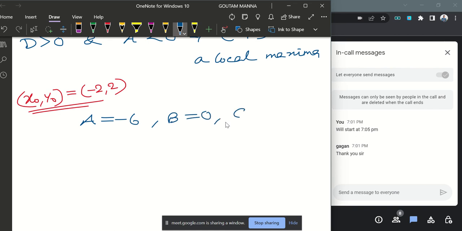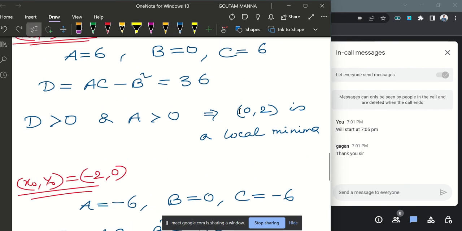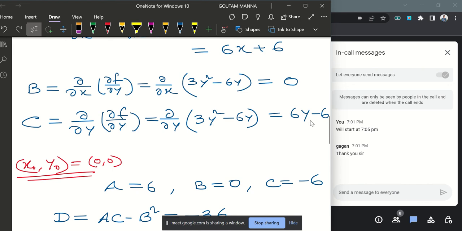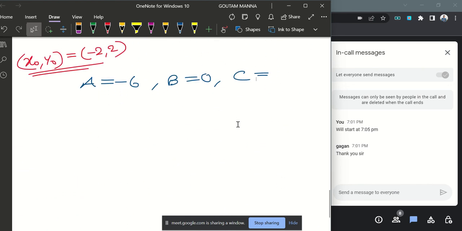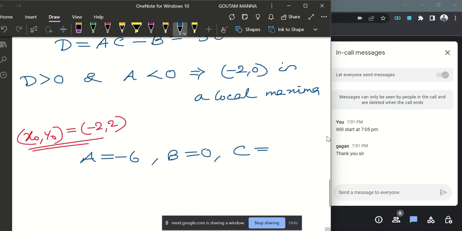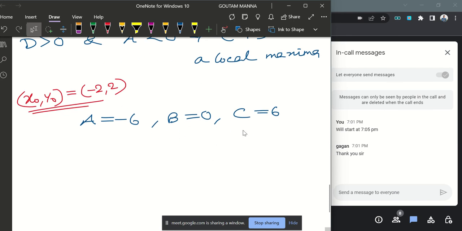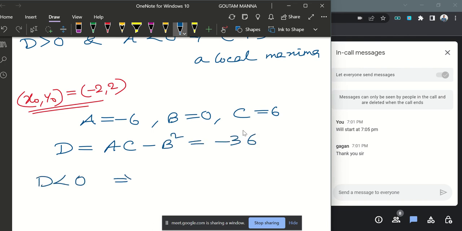B is always 0, and C is 6y minus 6. If you put y equals to 2, then it will be 12 minus 6, which is plus 6. Then D is AC minus B square, which is minus 36. So D less than 0 implies (-2, 2) is a saddle point.